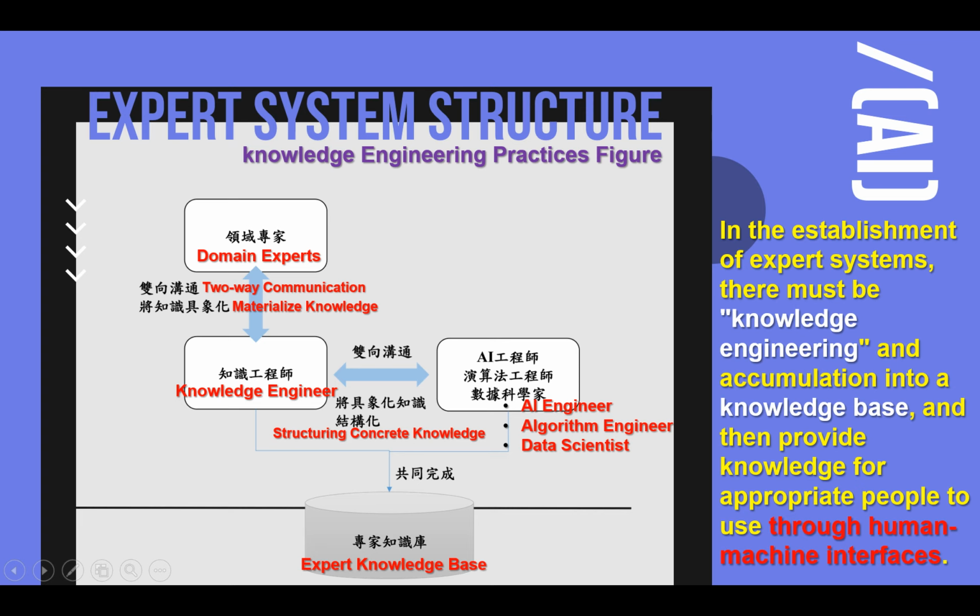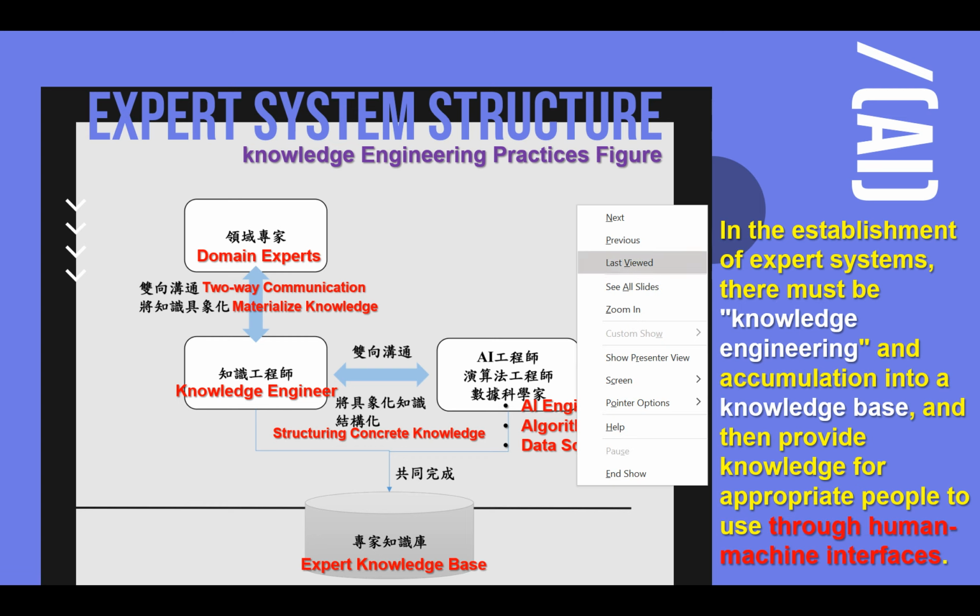And the example here, the figure is about knowledge engineering practice. They have domain experts, and the double-headed arrow means the two-way communication with the knowledge engineering. Let me call the pen out.